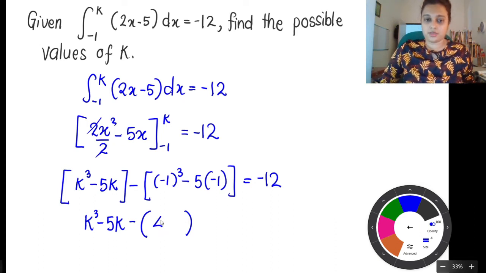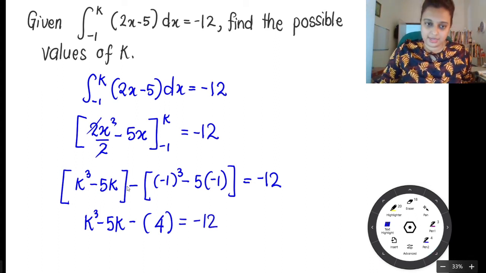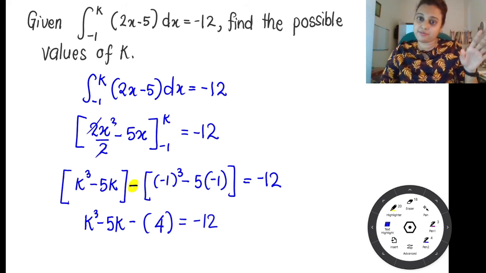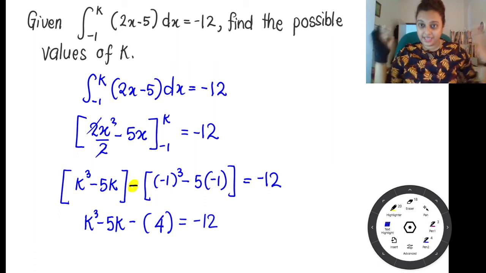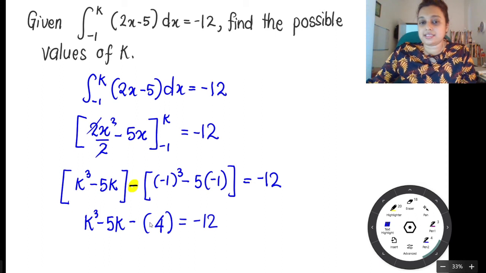Do you realize that I actually still write down the bracket? Why do I write the bracket? When you see a negative before the bracket, please maintain the bracket, because sometimes inside here you suddenly get -4, for example. Then the negative and negative, your final answer here will become a plus.